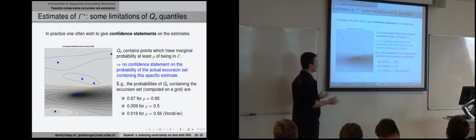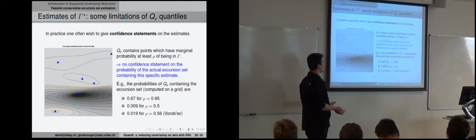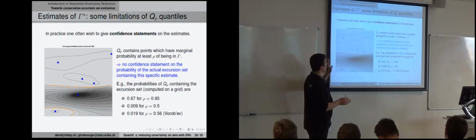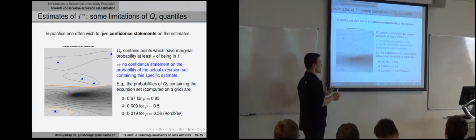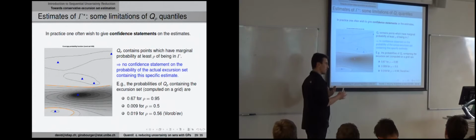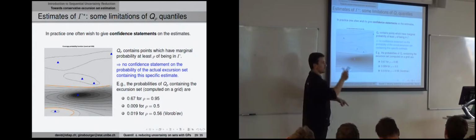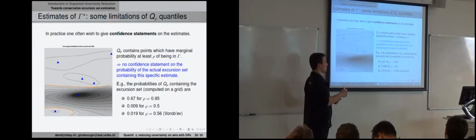If I calculate the probability that all the points in this estimator are safe, I get 67%. Meaning that if I believe that my function is a GP realization, and I calculate the probability that this whole set, which has been discretized, is below the threshold, then I have only 67% of the realizations that pass the test, and 33% for which there is at least one point in this region that is unsafe.